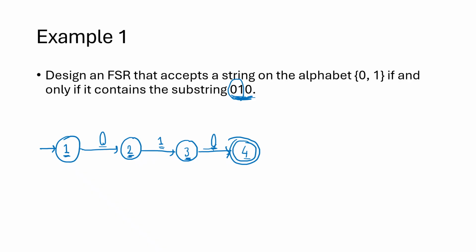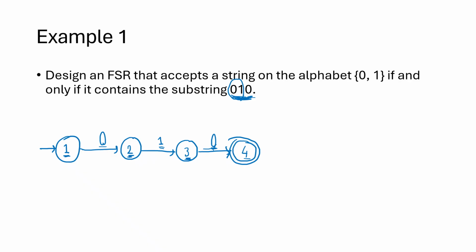So now let's complete the finite state machine that we have designed part of it so far. Now, if we are at the state 4, we don't have any transition for state 4 yet, but we know that we want the pattern 0, 1, 0 to occur somewhere in the string. And if we are at 4, it means that that already has happened, which means whatever follows after that is not going to change our final decision.